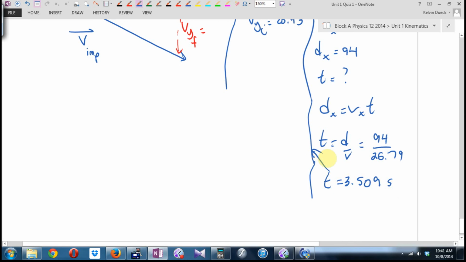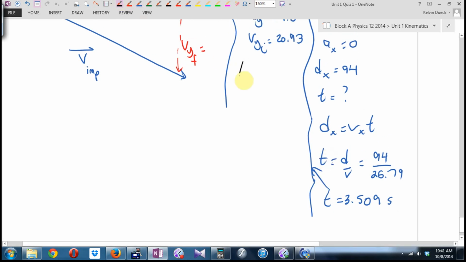And I'm going to send that into the vertical column. T equals 3.509 seconds.